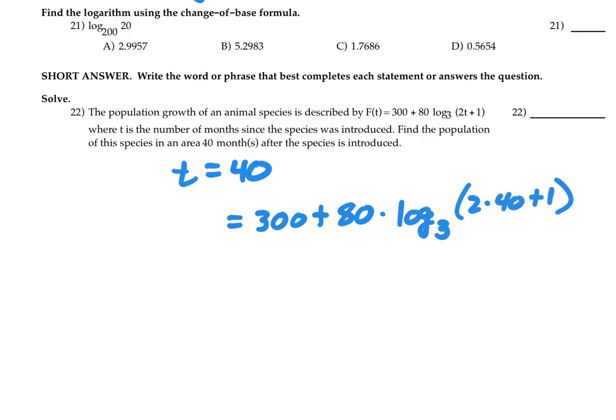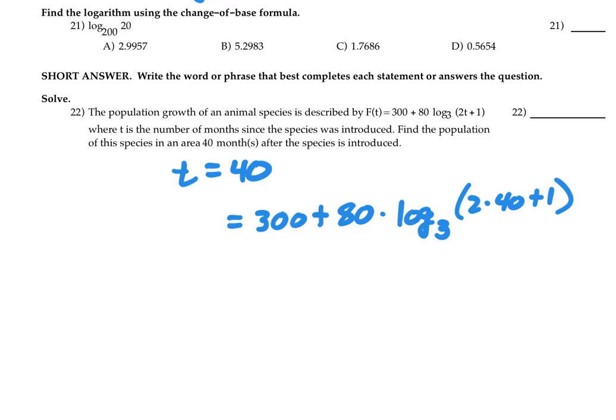We're going to plug 40 in for T. And then we're going to do the order of operations, and we're going to evaluate it. What would I do first? What do you guys think? Order of operations tells us we always do what first? Parentheses, yeah.